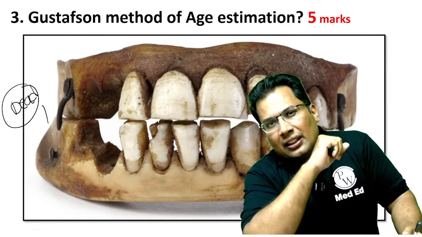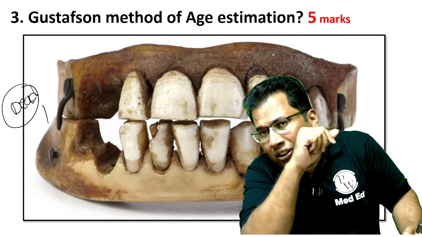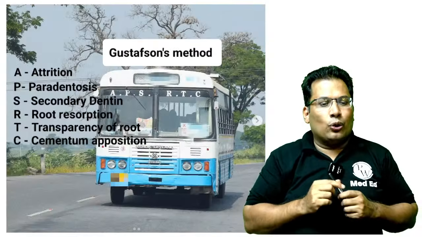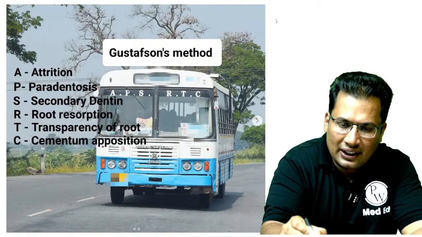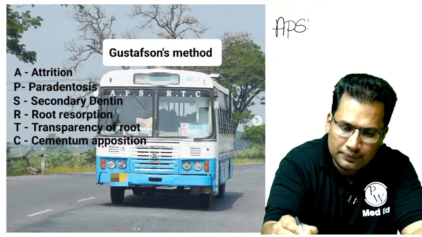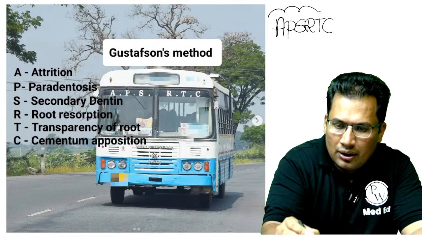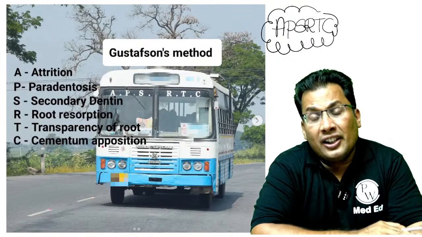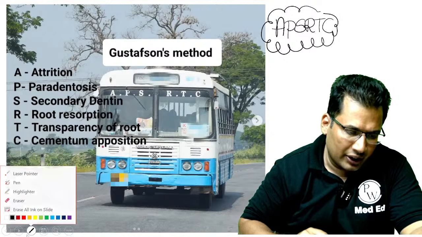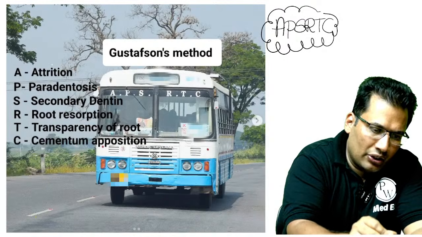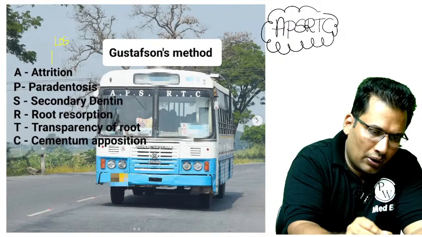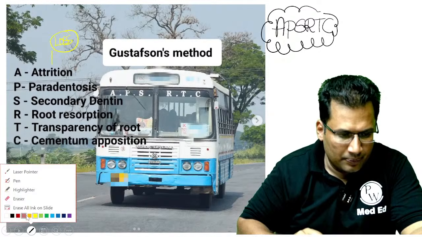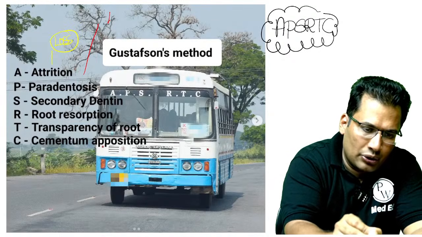We have 6 criteria. The 6 criteria you can remember with the help of the mnemonic APSRTC. Very interesting mnemonic, Gustafson method, APSRTC. Write this in chat box. A for attrition. What do you mean by attrition? Attrition means loss of the upper surface. P, periodontosis, that means loosening of the teeth.